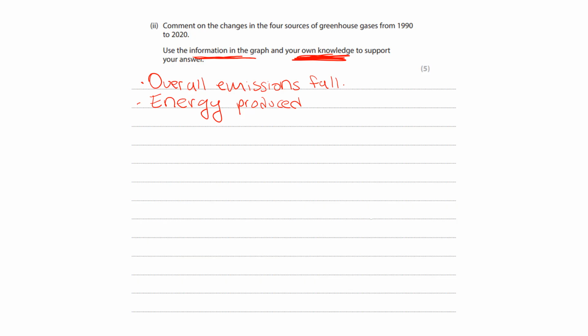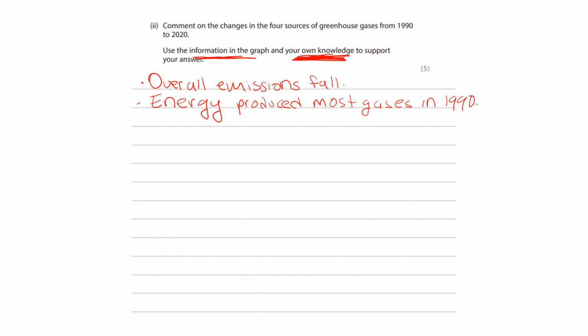Energy produced most gases in 1990. Okay, however, now this is the part where we use our own knowledge. However, if you look back at the graph, you will notice that in 2020 it decreased.